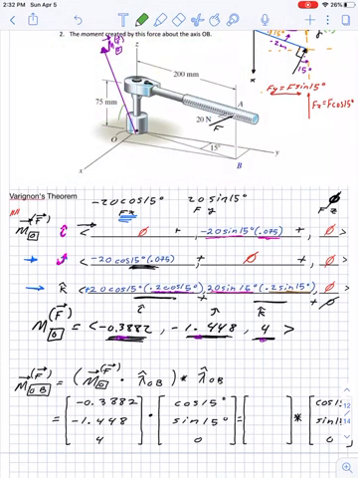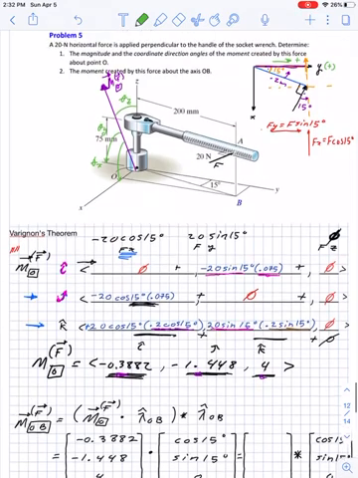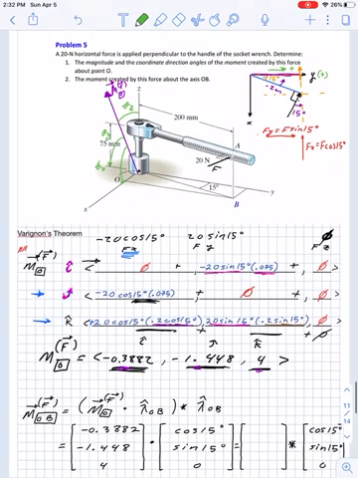And really, those angles are just going to be this theta x, this theta y, and this theta z. Okay, so I'm going to leave that up to you guys to take care of.